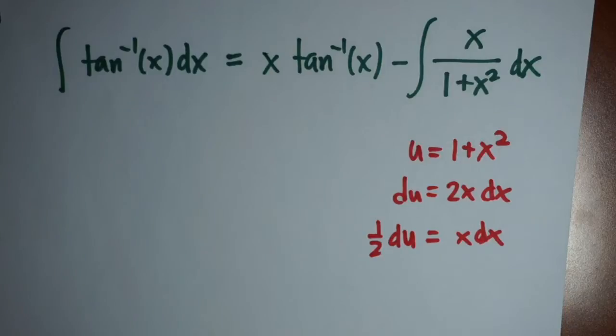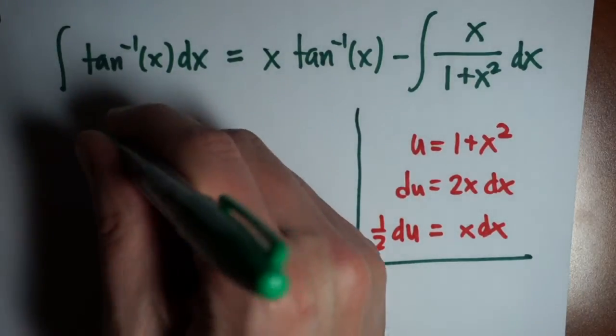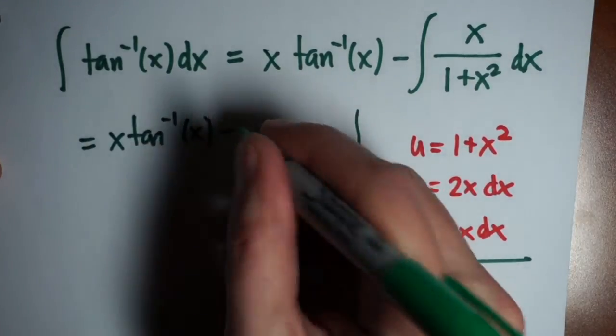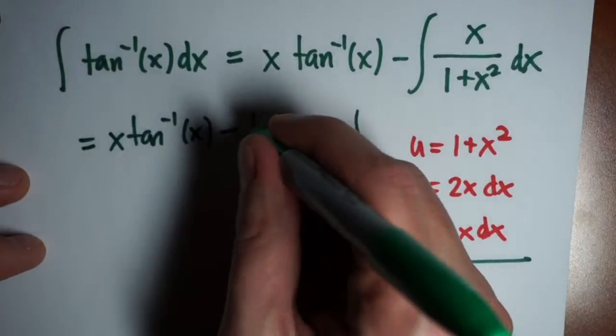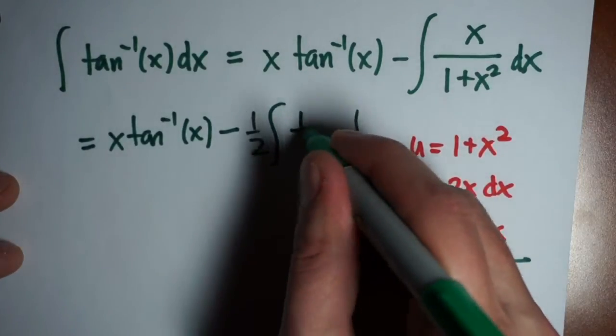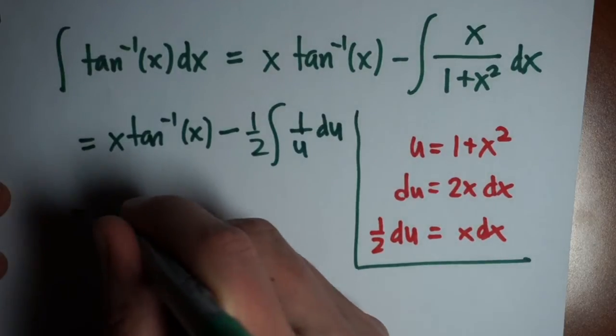Substituting these into my different parts here, I end up with something that is a little bit easier to look at. I have x tan inverse of x, which is the part I don't have to integrate, minus a half integral of 1 over u du. So now the antiderivative of that is easy enough to take.